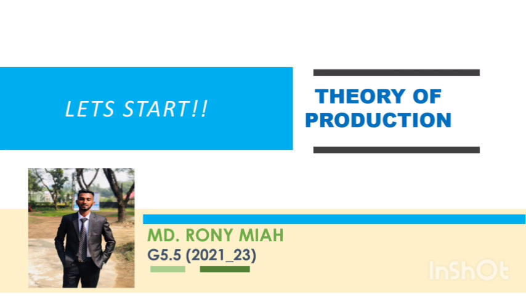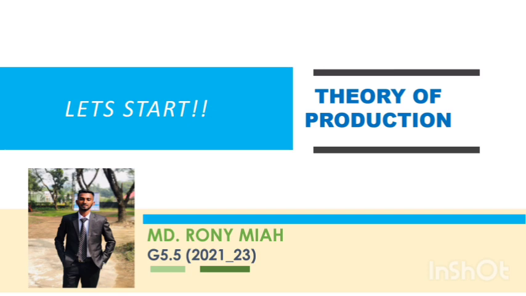Today I will be presenting on the production function, a key concept in economics and business. Today we will explore both the short run and long run production function, which show how businesses use inputs to produce outputs. In the short run, some inputs are fixed, while in the long run, all inputs can be varied.